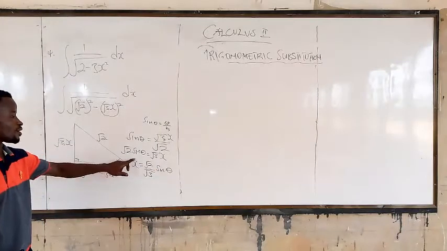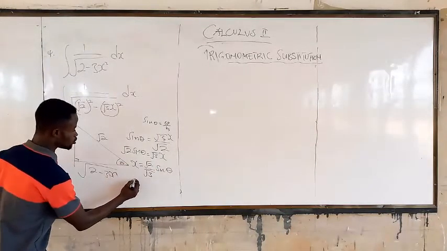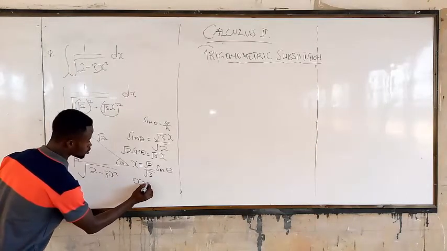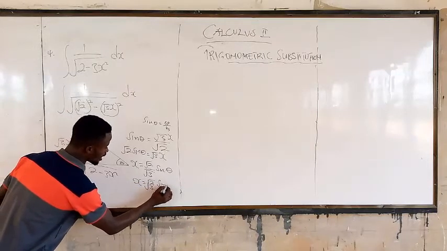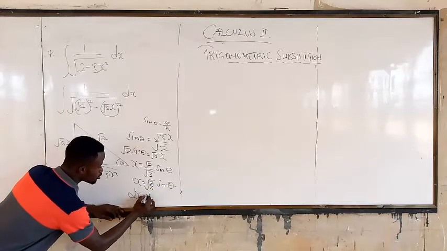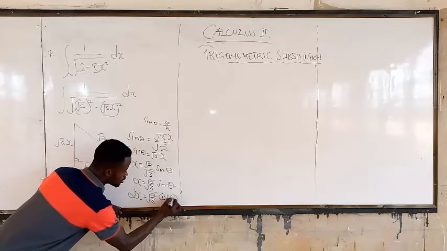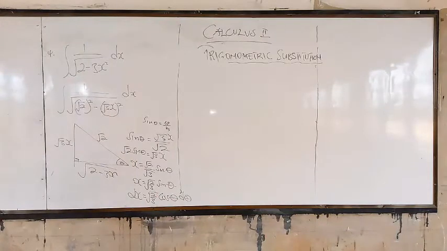Divide both sides by what? Square root of what? 3. That's what you're going to get. So here you get s to be equal to square root of 2 over 3 sine theta. So ds is going to be square root of 2 over 3 cos theta d theta. Hope you can see that.